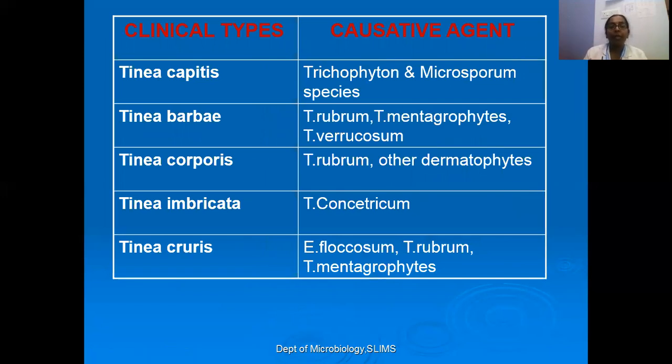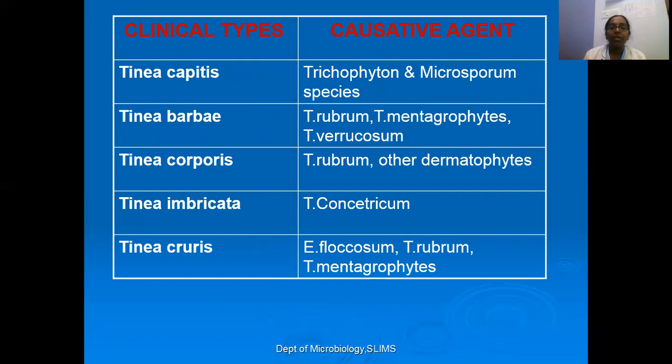In Tinea capitis, Trichophyton and Microsporum species are more common. In Tinea barbae, Trichophyton rubrum, mentagrophytes and verrucosum are more common. In Tinea corporis, Trichophyton rubrum and other dermatophytes. In Tinea imbricata, you can see Trichophyton concentricum.